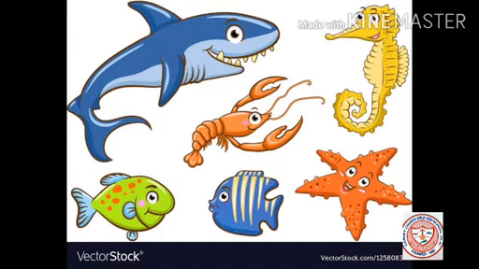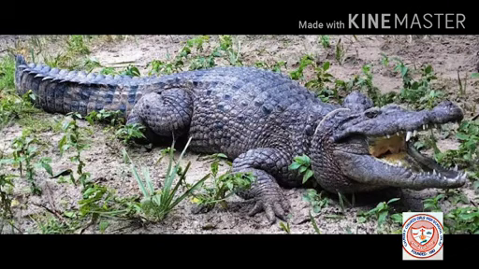Now, if we are talking about animals, how could we forget reptiles? Do you know which animals are known as reptiles? Turtle or tortoise, lizard, crocodile. Yes, these are known as reptiles. They are four-legged animals. They lay eggs, and on their skin they have scales.